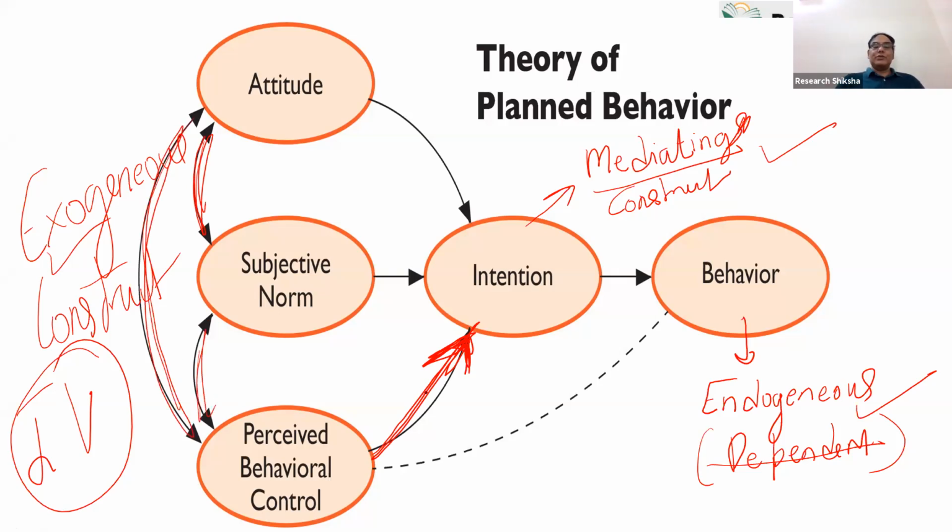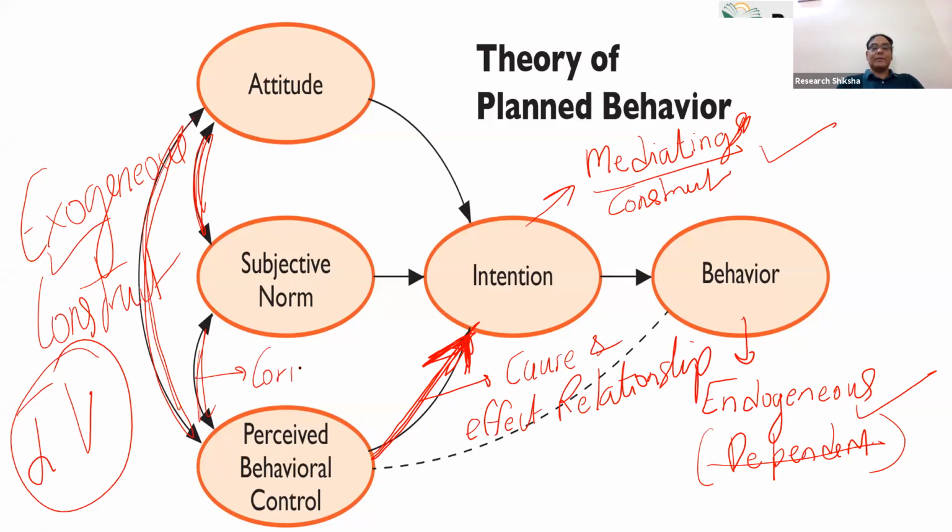So the single-sided arrow represents a cause and effect relationship. And this double-sided arrow is known as correlation.